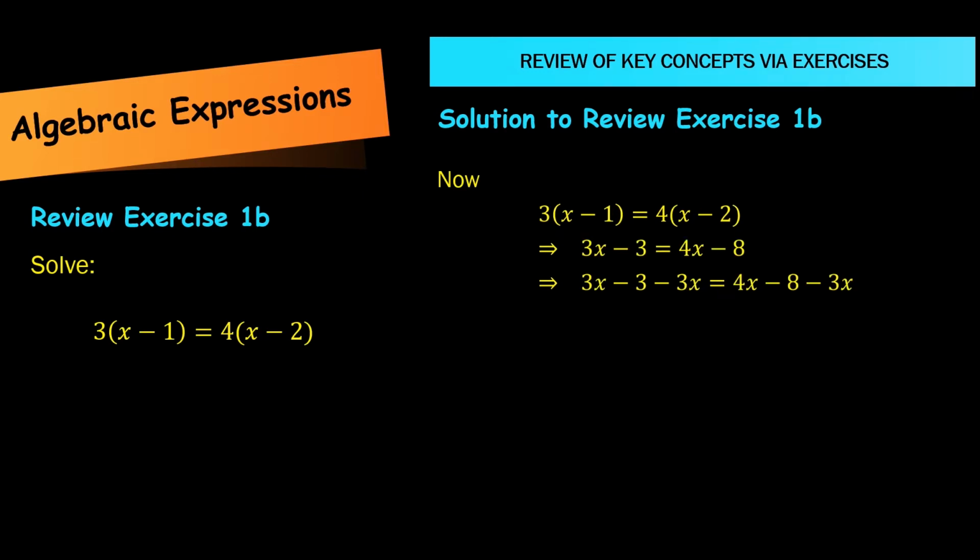And now tidy up. The 3x's cancel and the minus 3 stays as it is. 4x minus 3x is x, and minus 8 is as it is.